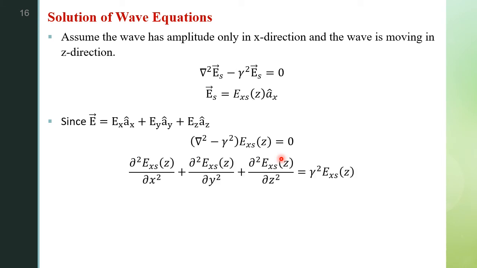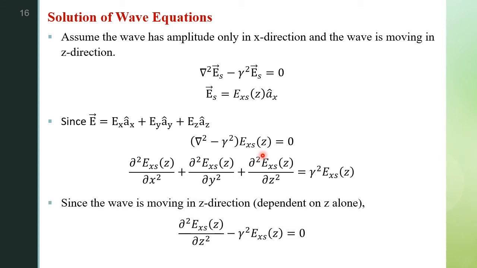So when you consider this differential equation on expanding it, it will have three terms. One is dou square Exs by dou x square plus dou square Exs by dou y square plus dou square Exs by dou z square, and that is equal to gamma square Exs from this term. So when you consider Exs, the wave is moving in z direction and it is a function of z only.